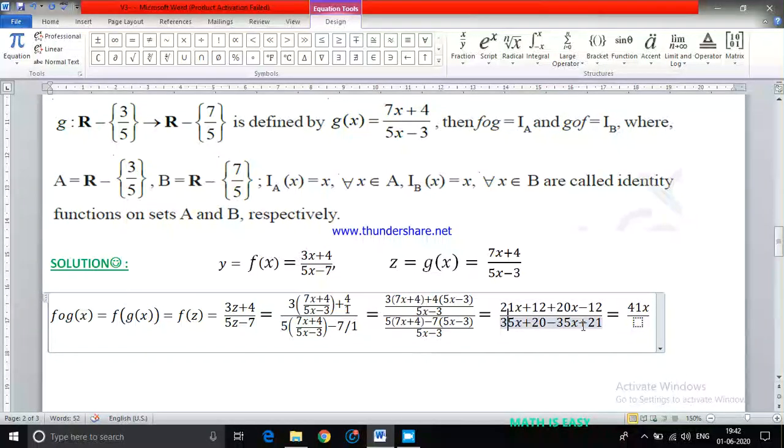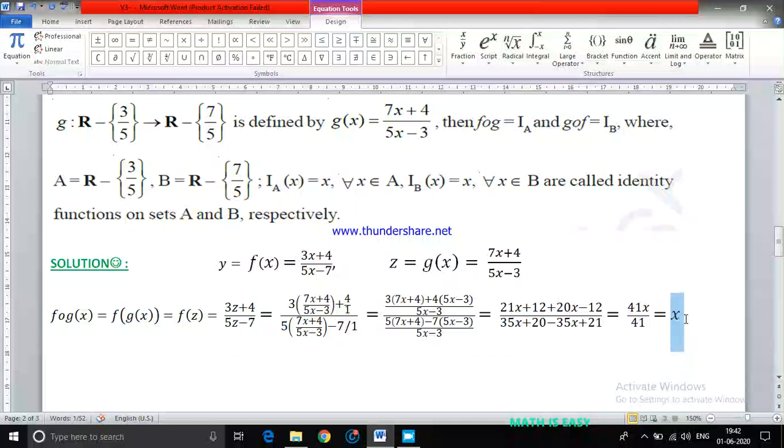Here 35x minus 35x will be 0, and 20 plus 21 is 41. So both numerator and denominator 41 will get cancelled. Finally you will end with x. So you are getting FOG of x is equal to x.